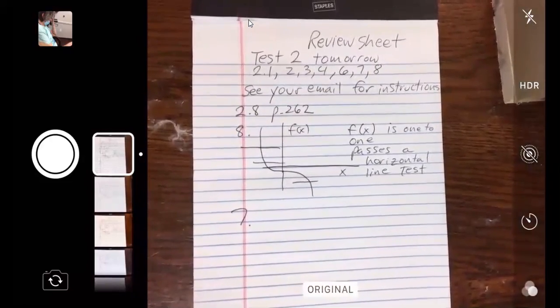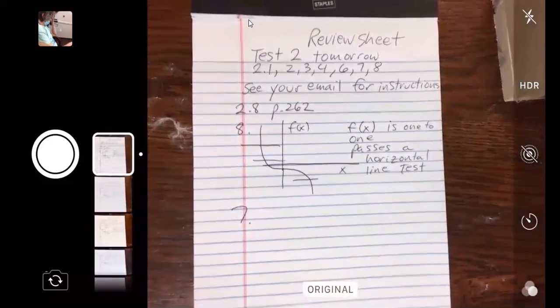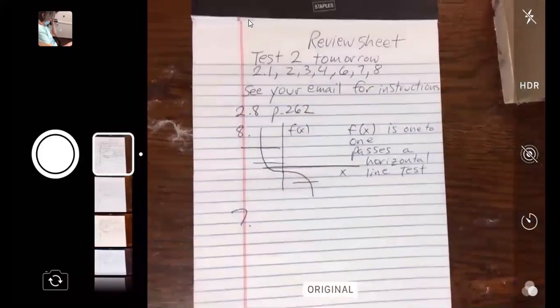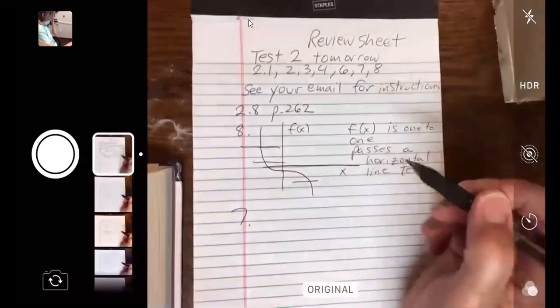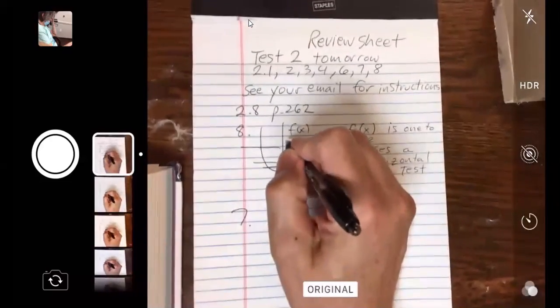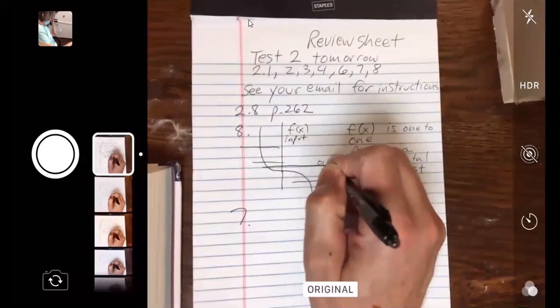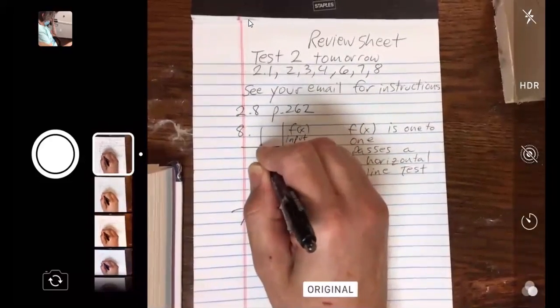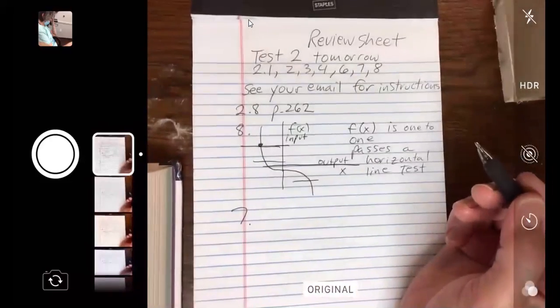And f of x on this one is indeed 1-to-1 because it passes the horizontal line test. A horizontal line only intersects the graph once. Remember, this is the input and this is the output, so pick any single input and there's only one output.